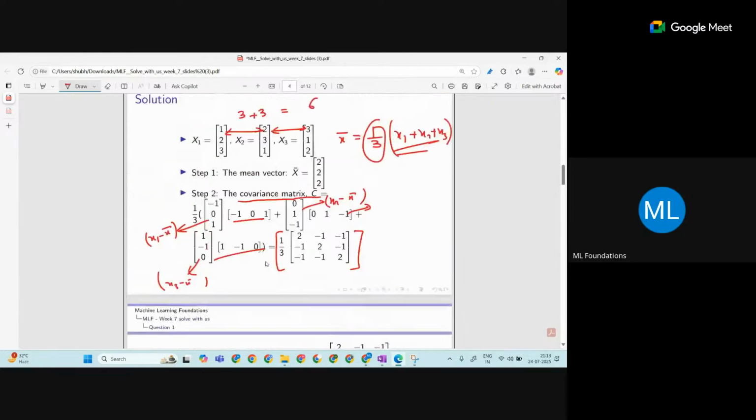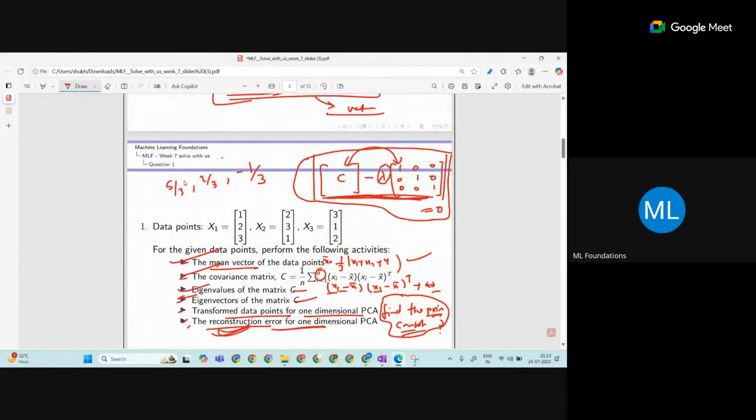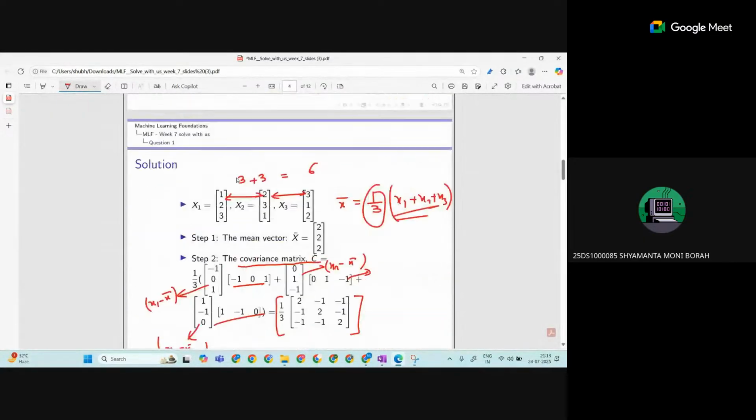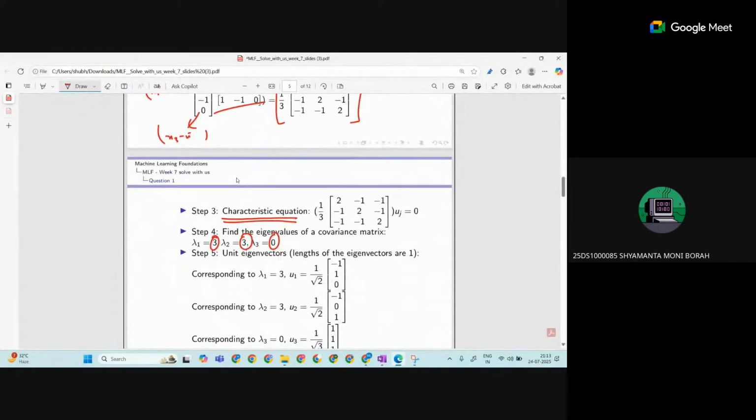Somebody got 5. Okay, is this one? Sir, can you just go down? Yeah, the characteristic equation is this, 1/3. Actually, I got 5/3, 5/3, minus 4/3.